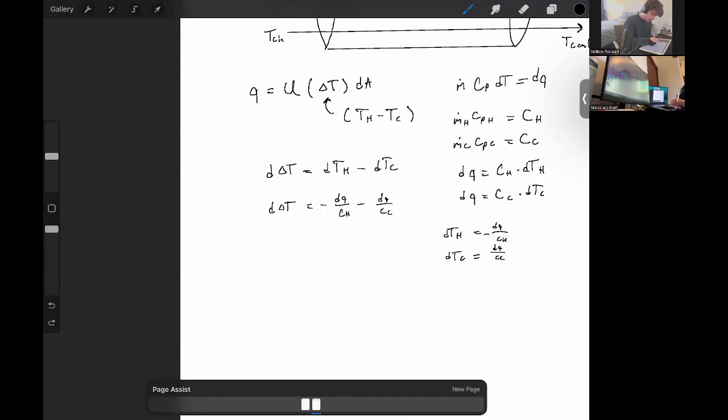So we're going to do as I said, we're going to derive. This is d of q is U d of delta T d of A. And now we're going to sub in variables, and when we do that, we're actually going to cancel out d of q here in favor of these coefficients.